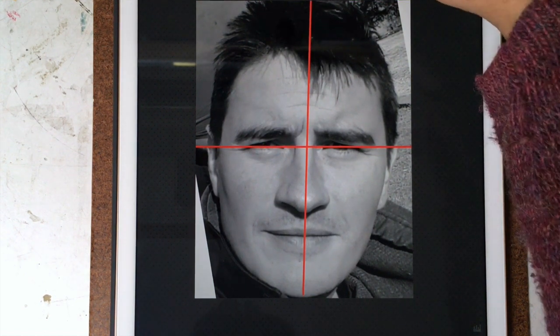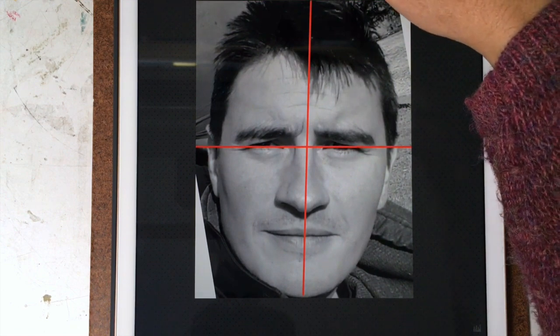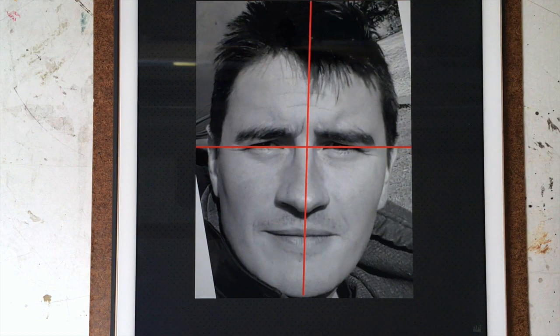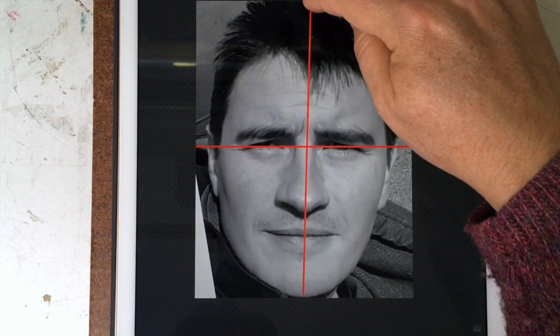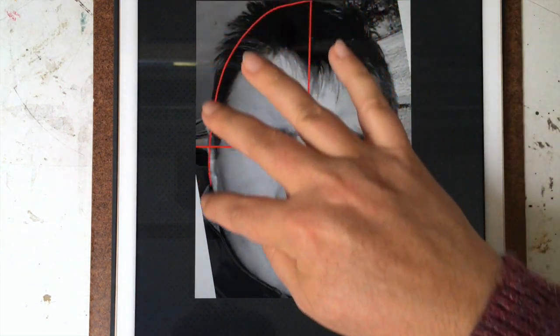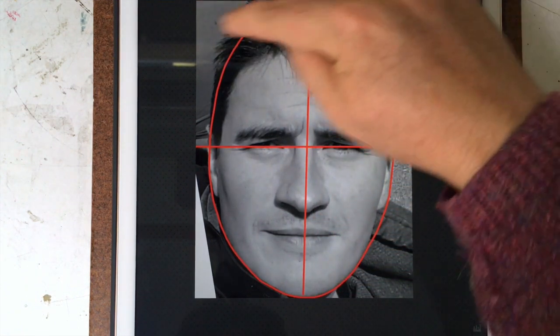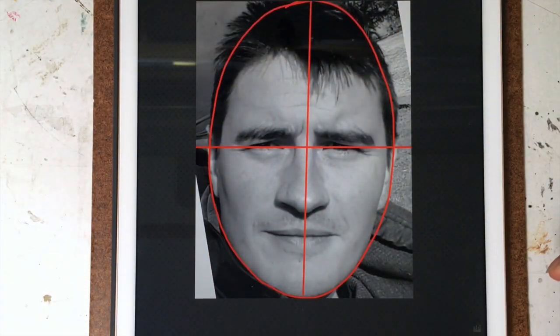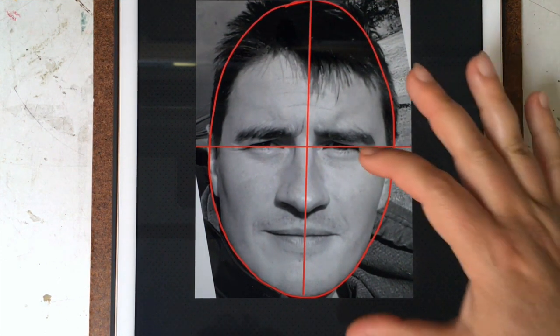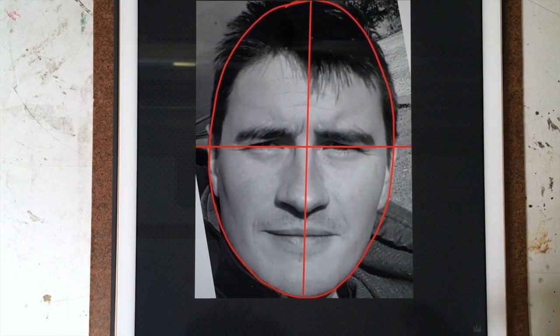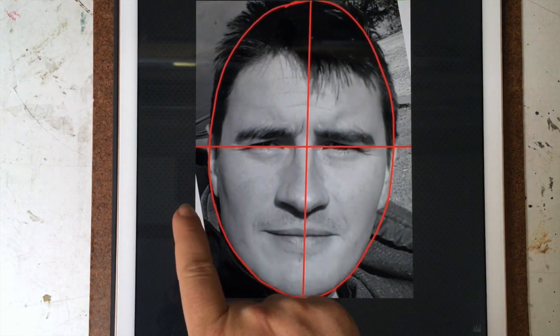So if I change here to drawing freehand, the next thing you would do is draw an oval for the shape of the head. And then you can divide up this bottom section. There's a line right at the base of the nose.